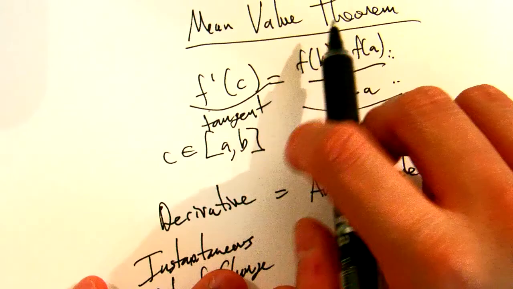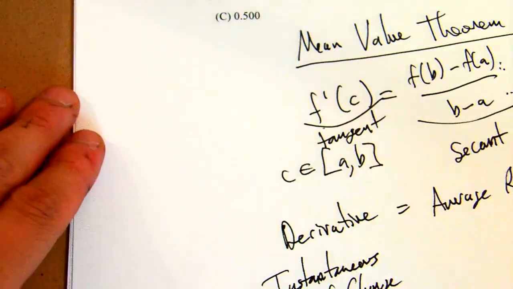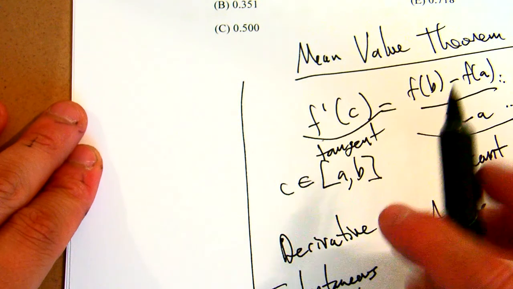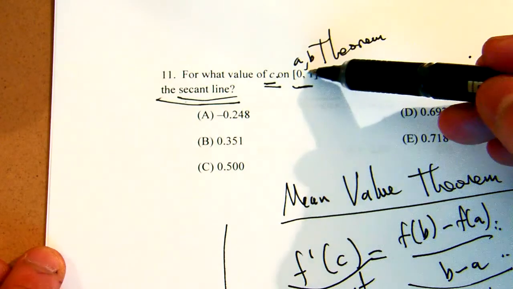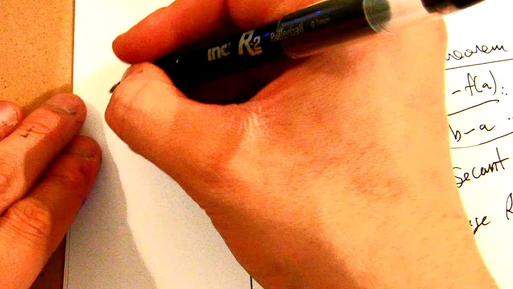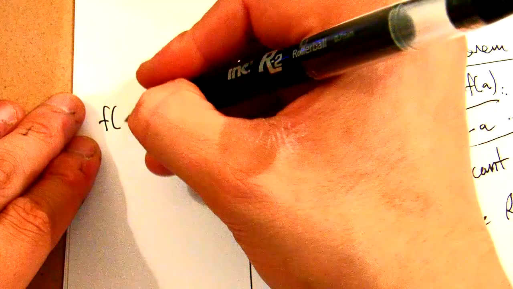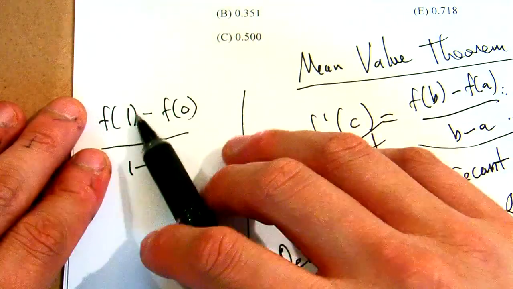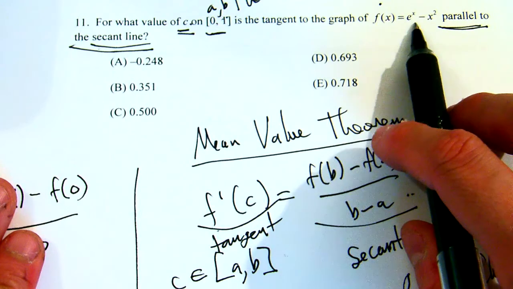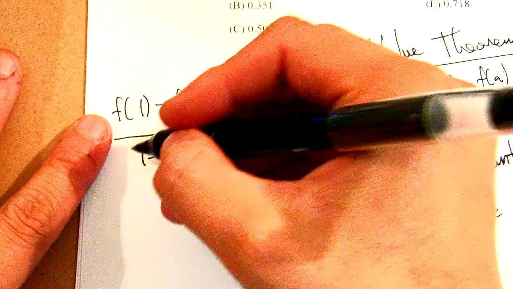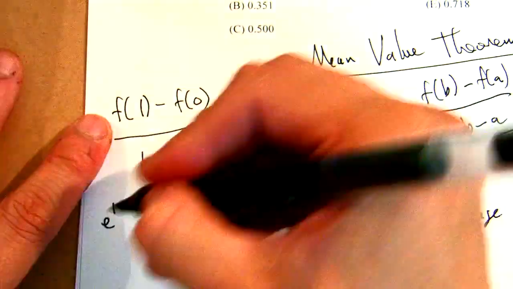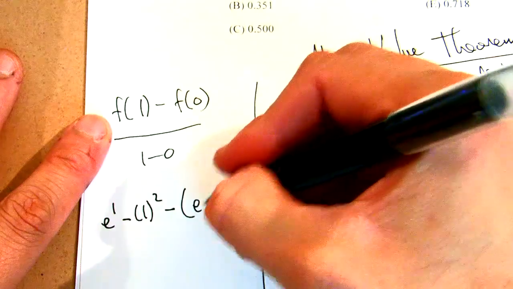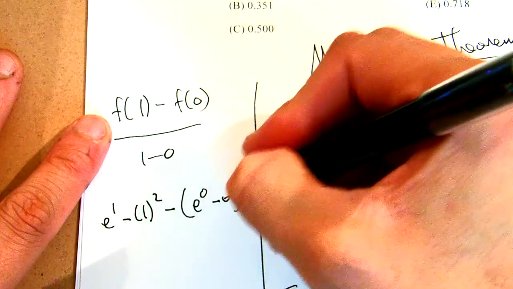So the mean value theorem here, I'm going to be using this one here, and we'll just go off to the side. Ready? So I know I'm going to be doing this part here. So f of b, b is 1, so it's f of 1 minus f of 0 over 1 minus 0. Okay? And remember, f is just this function, so I'm going to be plugging them in here. So this is e to the 1 minus 1 squared, minus, parentheses, e to the 0 minus 0 squared.